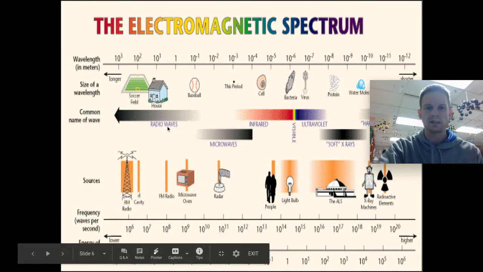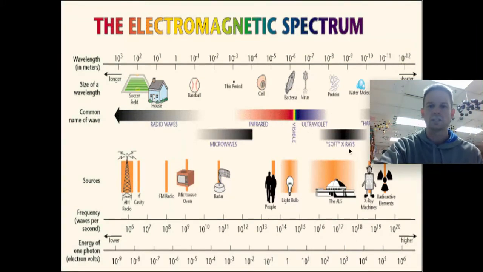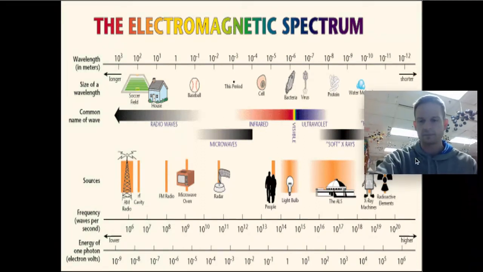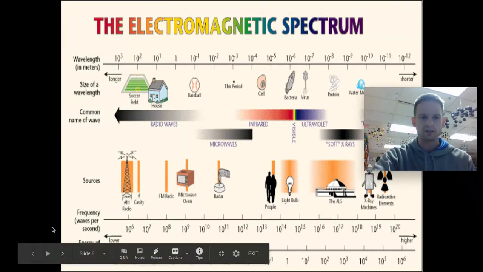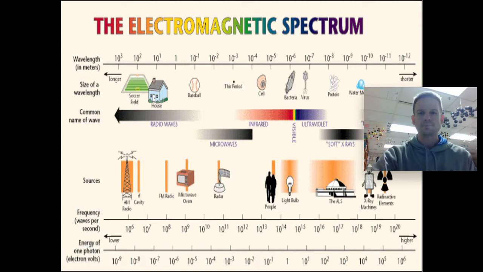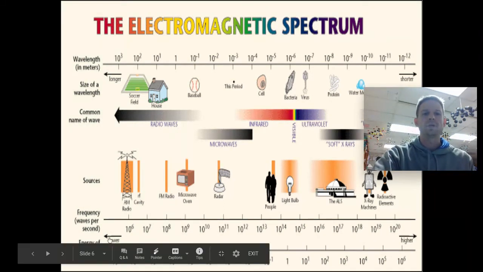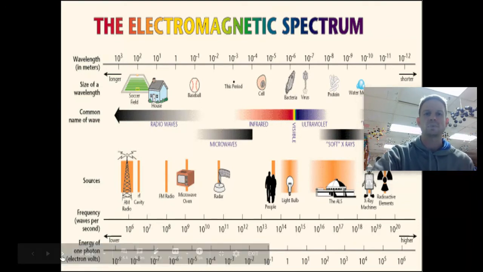We have radio waves, microwaves, infrared, and over here visible and ultraviolet, with sizes from football fields all the way down to molecules or as big as an atom. Then we have frequency down here, and energy at the bottom. We're going to take a look at this together. There's nothing on here that you need to remember or know, but it's a nice way to quantify what we're talking about.